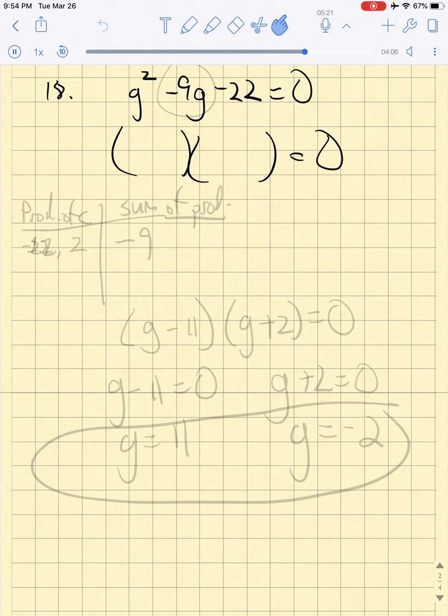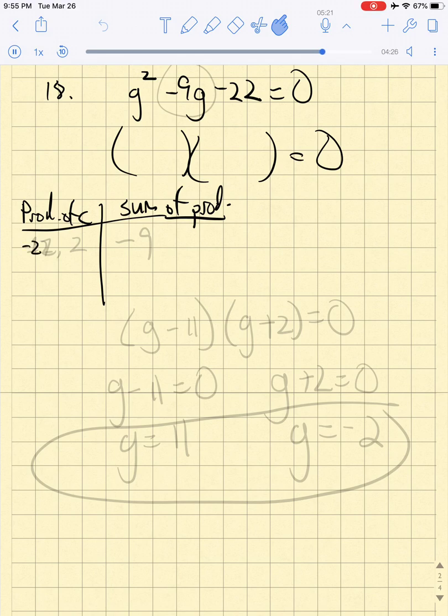All right. Now we have to think about products of C, and then sum of products. Okay, products of C. What multiplies to negative 22?